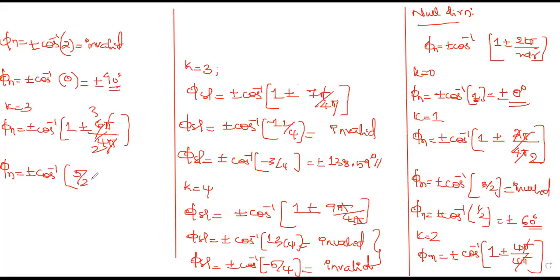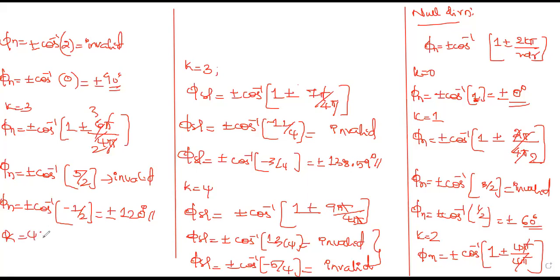So it is again invalid. The other value is plus or minus cos inverse of 1 minus 3 by 2, which is 2 minus 3 by 2, that is minus 1 by 2. What is the value? 120 degree. Now, both are not invalid.